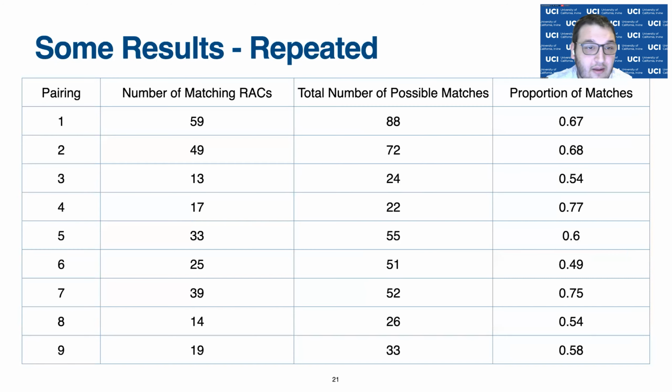So now some results we get from the repeated results, like I mentioned, there are 9 pairings. For pairing 1, for example, 59 racks matched, and then there are a total of 88 possible matches, and that's determined by the minimum of the 2 different numbers of racks.